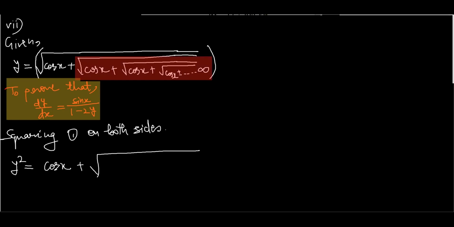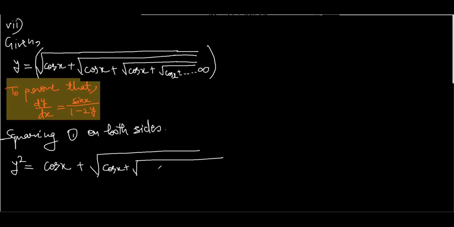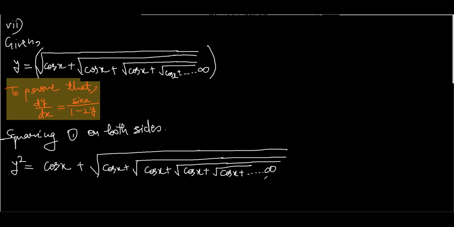So I will write the leftover things, that is root cos x plus root of cos x plus root of cos x plus root of cos x plus dot dot dot, up to infinity such terms. Now this was my 1. I squared on both sides.